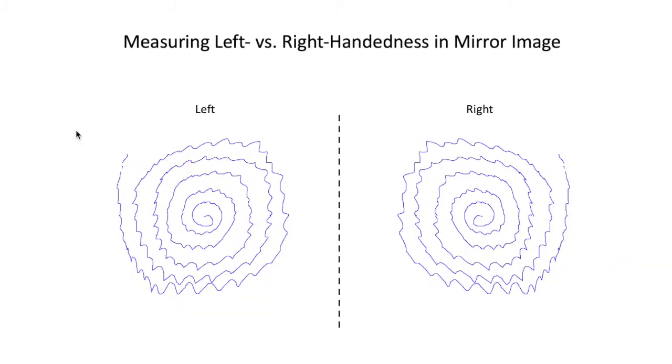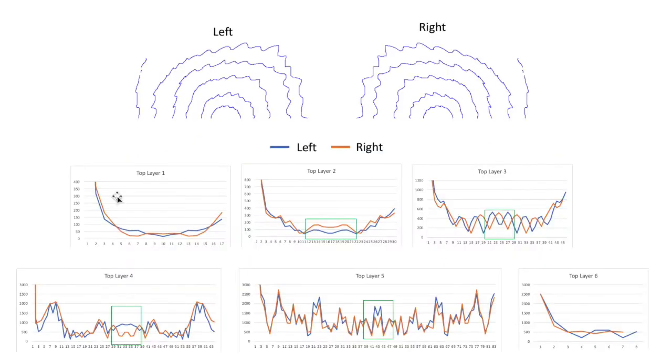Next, we want to show that we can measure the left or right-handed tilt of a tremor. In this case, we flipped the spiral on the left onto its mirror image. As you can see, the axis of the tremor on the left spans from bottom left to upper right, while on the right side, it's bottom right to upper left. Examining just the upper half of each of these spirals, as we did before, we see that there are regions in the middle in which the left side is very distinct from the right side.